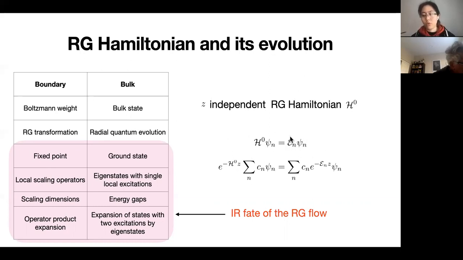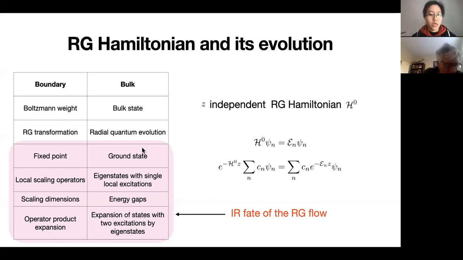Suppose we are able to solve it, then the evolution problem is solved, because starting from any initial state, we can decompose it into the eigenstates. Then we can get the information of the IR fate of the RG flow from those properties of the RG Hamiltonian.